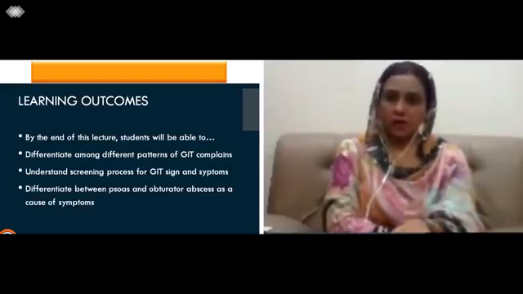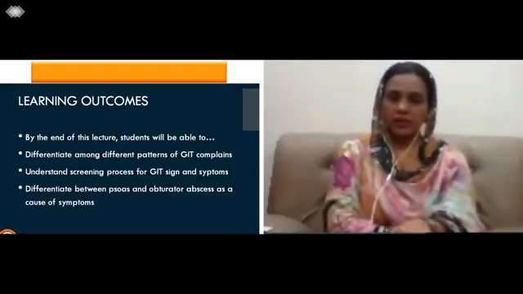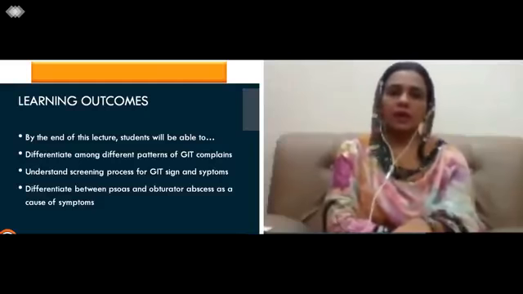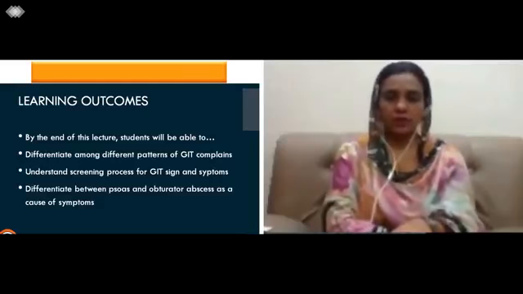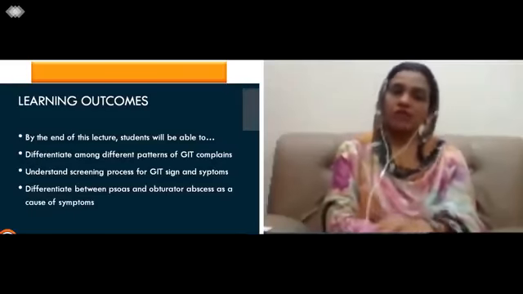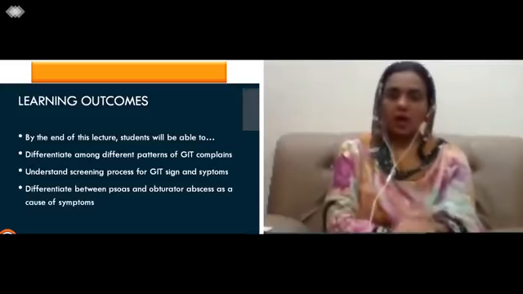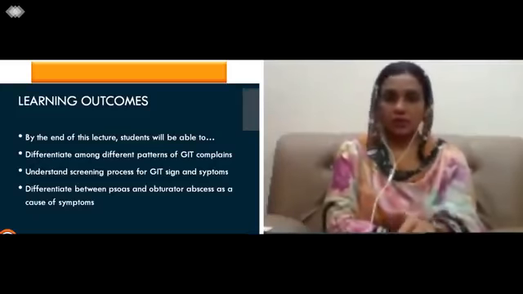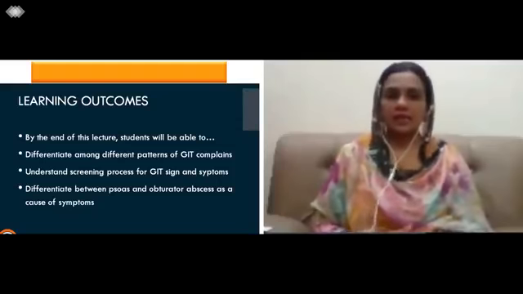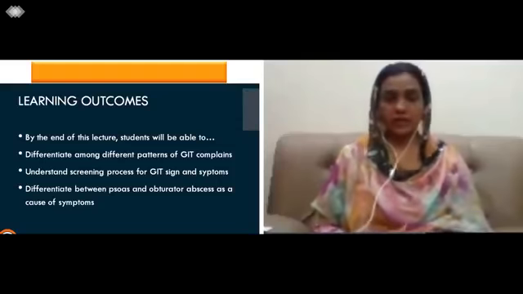Finally, you will be able to differentiate between the muscle abscess, especially commonly related to your GIT, the psoas and obturator abscess, so you can tell if they are the possible cause of the symptoms when the actual musculoskeletal cause is not there. So these are the basic learning outcomes for today's lecture.